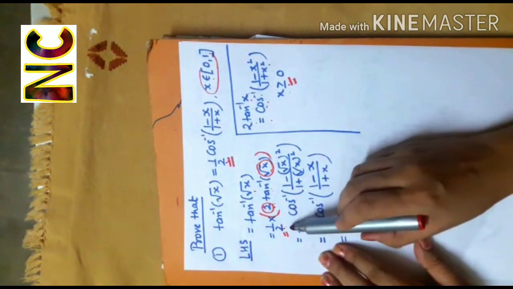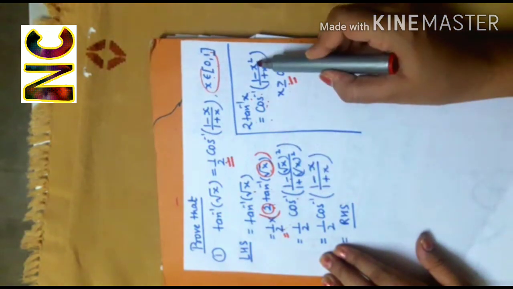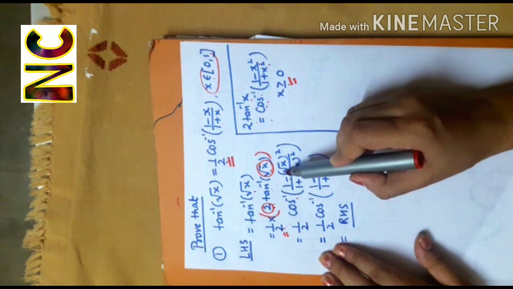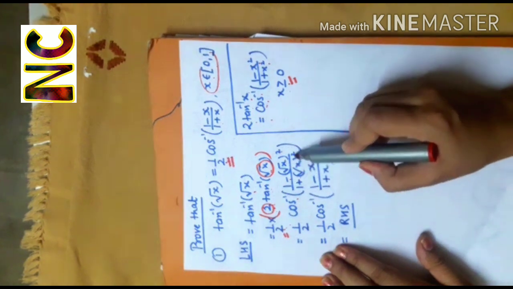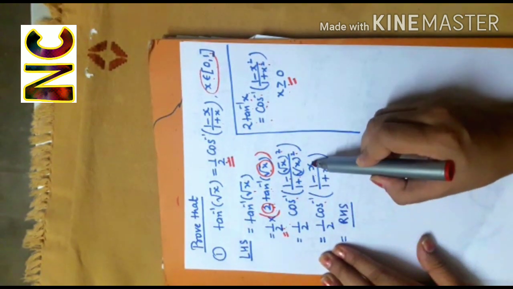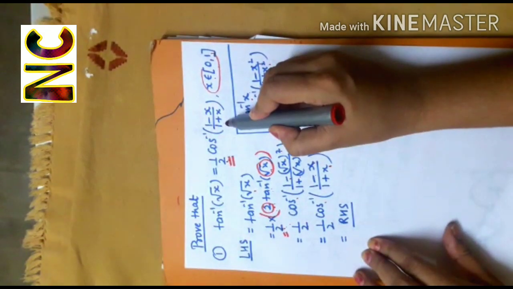So I'll get here 1/2 as it is, cos⁻¹((1 − x²)/(1 + x²)), where the role of x is being played by √x. So I'll get the square of √x over 1 plus the square of √x. So it is half cos⁻¹((1 − x)/(1 + x)), which is equal to the right hand side.